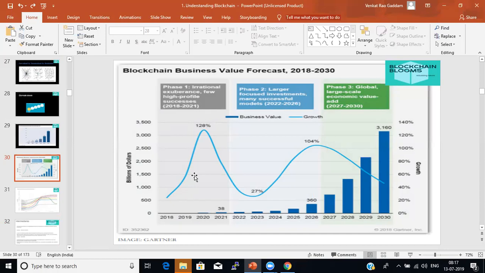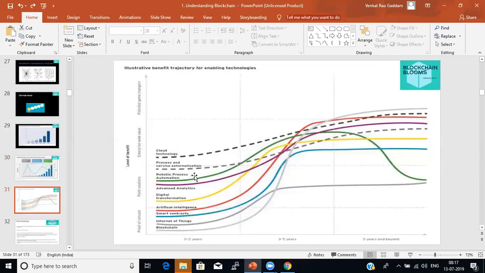The boom will start slowly, and definitely there is not much usage of blockchain now, but in future, definitely this is one of the prominent technologies. In terms of technology usage, blockchain started at a low point, but maybe in the next 5 years, it is going to reach at least the top 1 or 2 places.